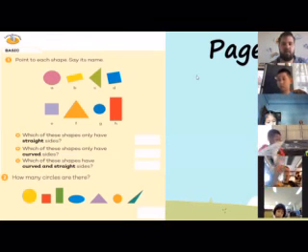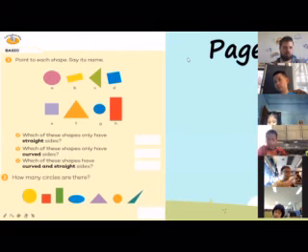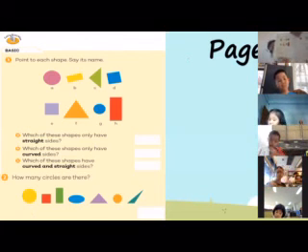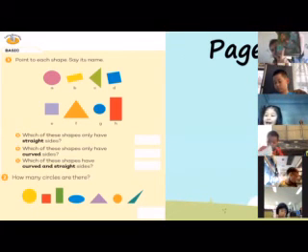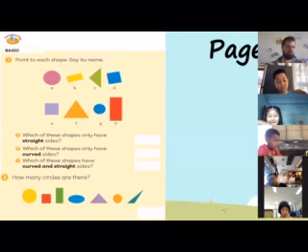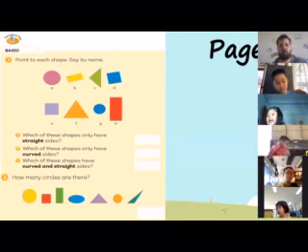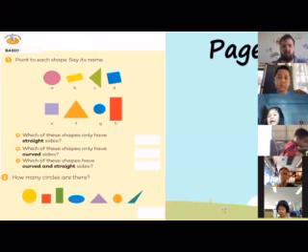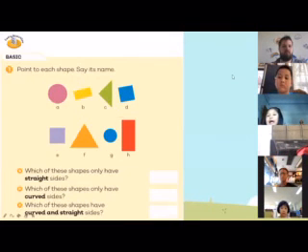So let's have a look at page 34. Page 34 looks like this. Okay, let's get started. First, they want us to name the shapes. So let's name our shapes quickly.